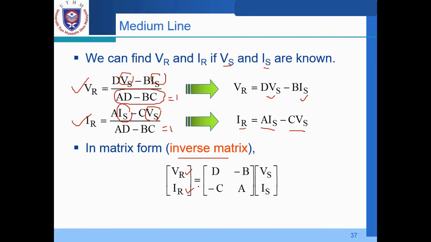So we have D and minus B, then the second row with minus C and A, for VS and IS.